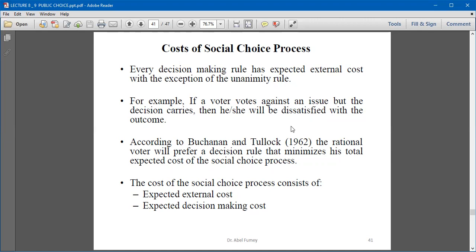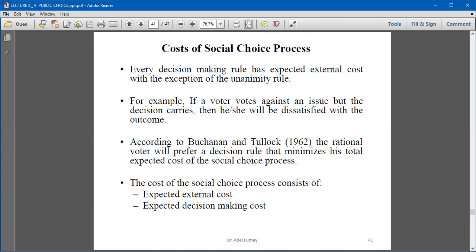But if you take the other voting rules, maybe I voted against whatever option that won, and I wasn't happy about it. I have to live with my dissatisfaction, but what can you do? According to Buchanan and Tullock, the rational voter will always go for a decision that minimizes its expected cost of the social choice process.